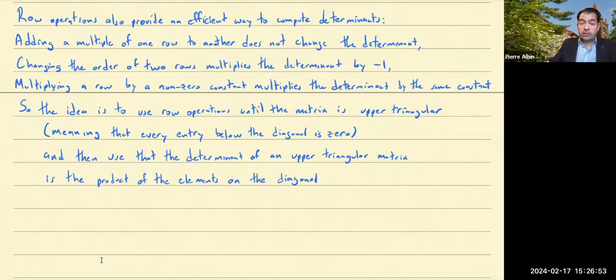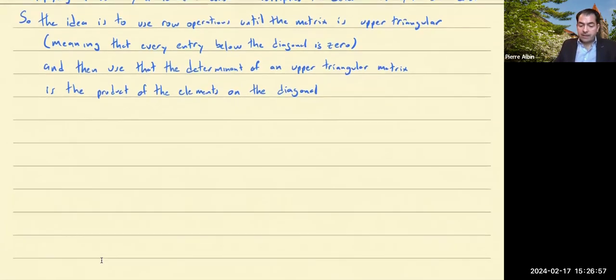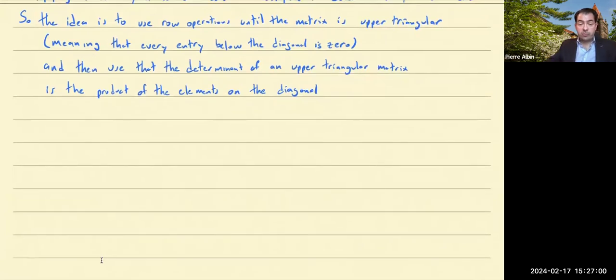It doesn't matter what the size of the matrix is. If it is upper triangular, then the determinant is the product of the elements on the diagonal.